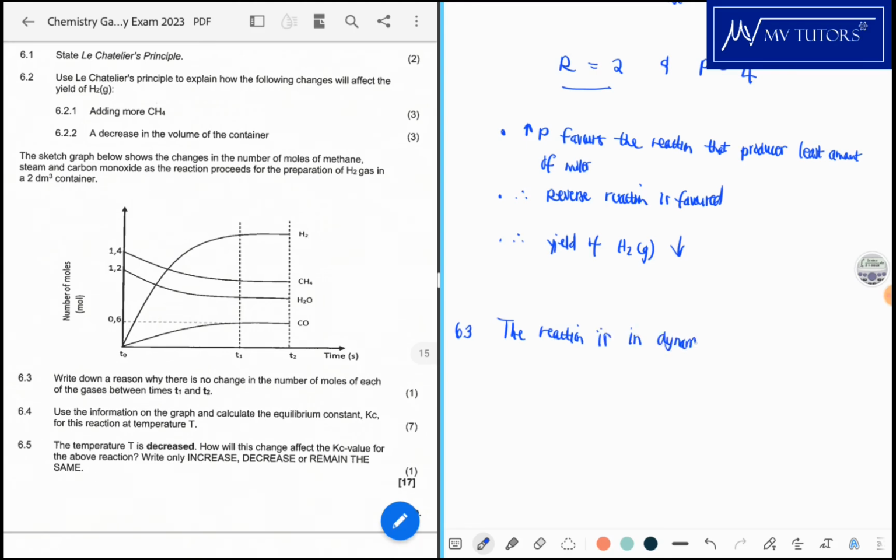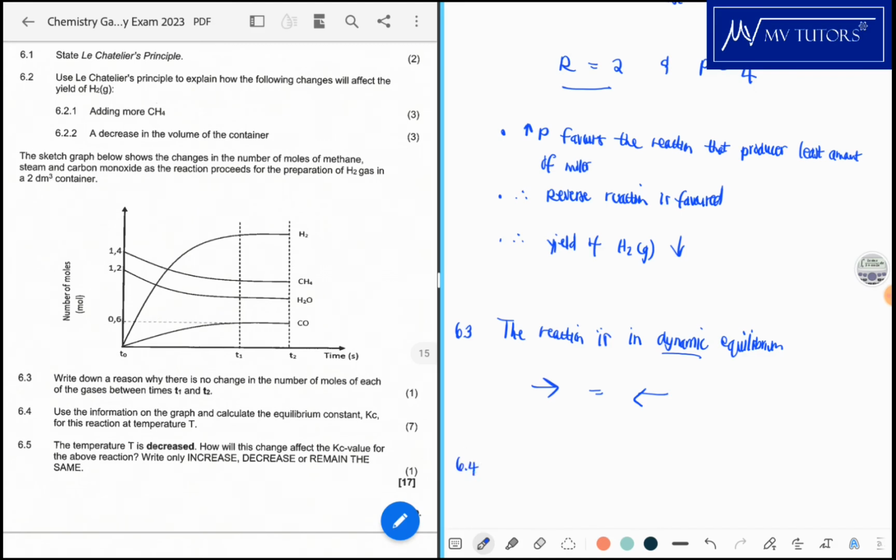That dynamic is quite important. And what does equilibrium mean? It means the rate of the forward reaction is equal to the rate of the reverse reaction. But for 1 mark, dynamic equilibrium.